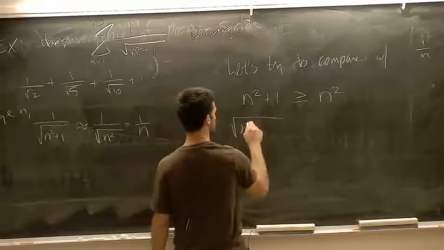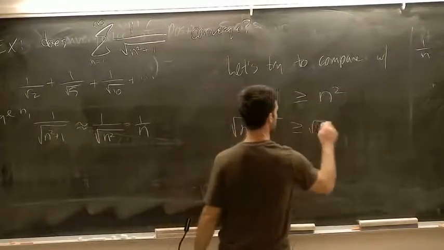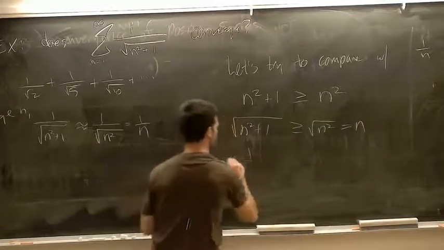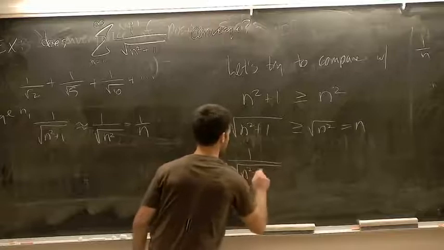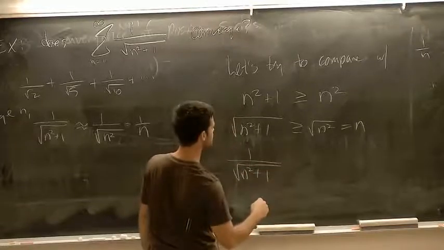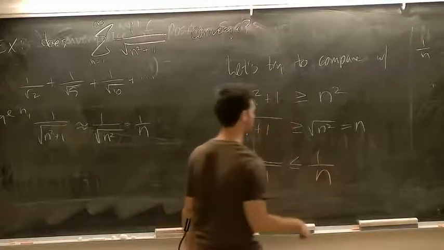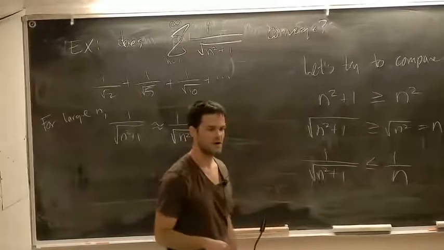So the square root of n squared plus 1 will be bigger than the square root of n squared, which is n. So if I flip both sides, 1 over the square root of n squared plus 1 is less than 1 over n.